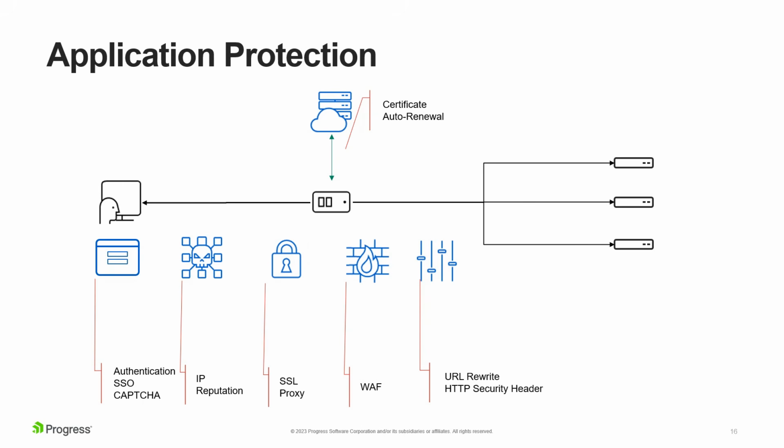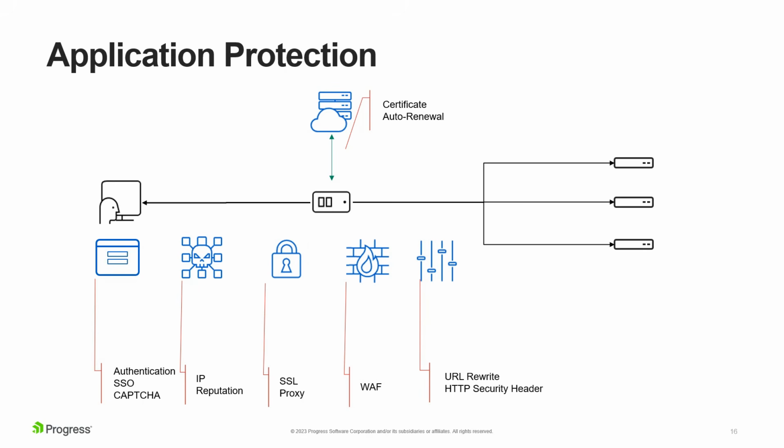And then you can see, like with our content rules, we can do URL rewrites, add in security headers to put the maximum security possible for the application, etc. So it's a very, very simple way of layering in multiple security capabilities to add to that overall application security.